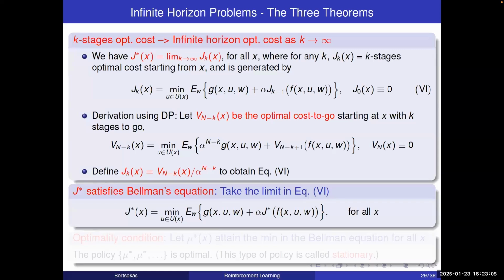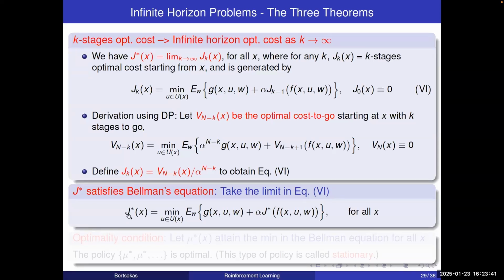Now the significance of this is that, remember, what is J star? J star is the one that you minimize over the policies, right? Each policy is an infinitely long sequence of functions. That's not easy. But suppose that we have only 10 different x, so the state space includes 10 different x.